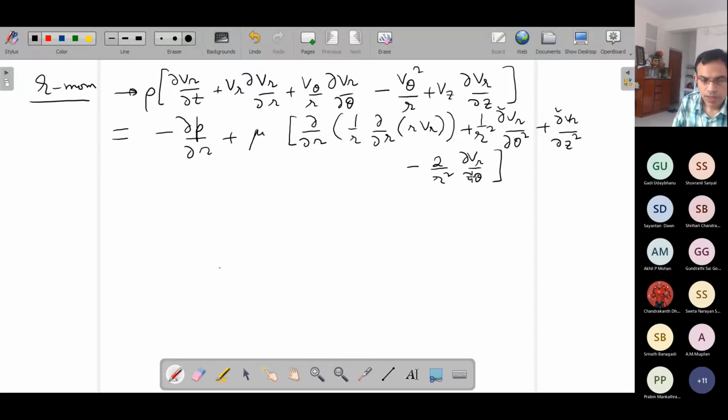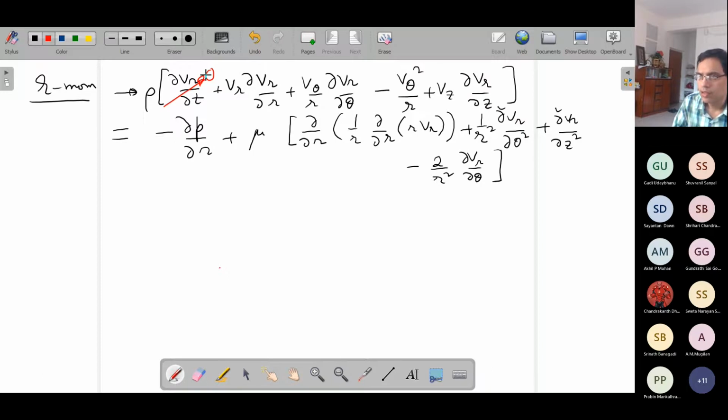Okay. So what I have done is I have faithfully just copied this R momentum equation from the notes. Maybe I could have made a mistake in copying some of the terms, but summarily we can find out which terms are important and which terms are not, and that will suffice. So first of all, it's a steady flow, so this term will be 0.